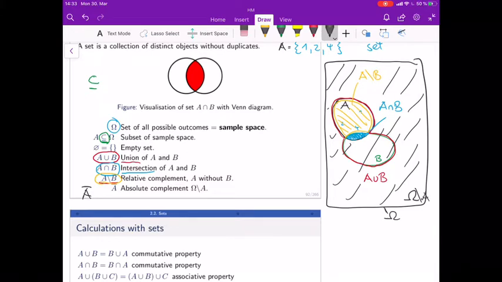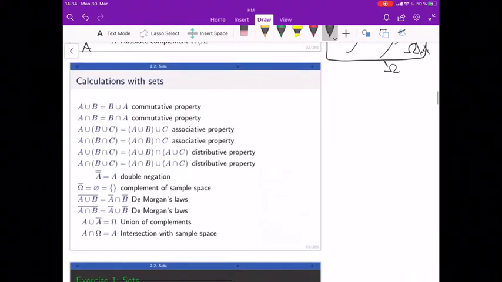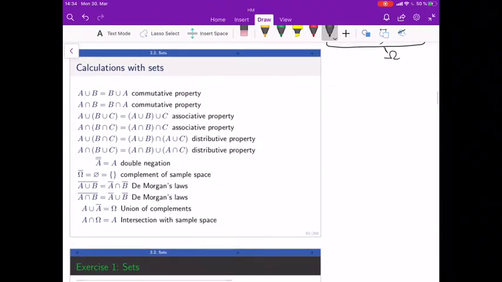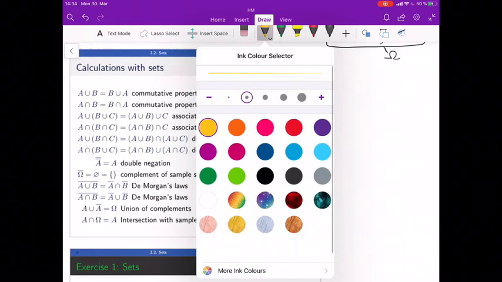Okay, so this is Venn diagrams, and they're quite intuitive, and they help you visualize things. To take this further, to help us really with probabilities, we need to work with those symbols. And the question is, how do they behave? What are the rules they play by?